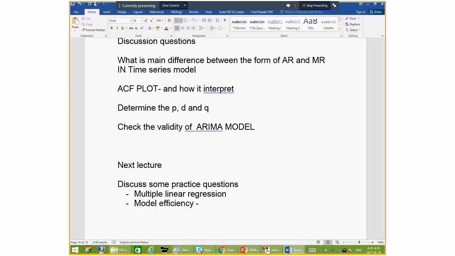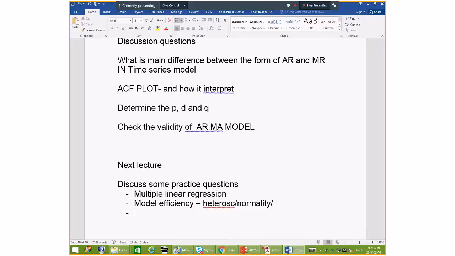That means heteroscedasticity, normality, and so on. If you have your own data set, bring it for running the multiple regression and checking the model efficiency.